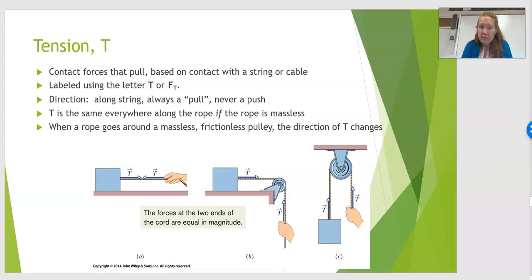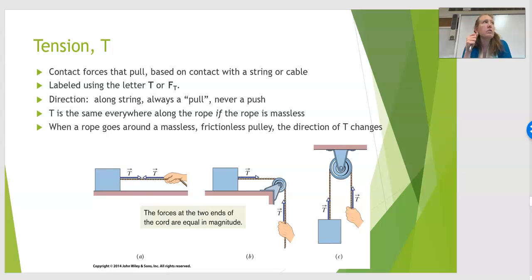Okay, then we have tension, which is a term that's reserved for a force that's in a rope or a string or like a chain. So this is a term that's used because those types of things can never push. They only are capable of pulling. And the rule here is that if the rope is massless, like it's got a really small mass, then the tension is the same at every point along that rope.